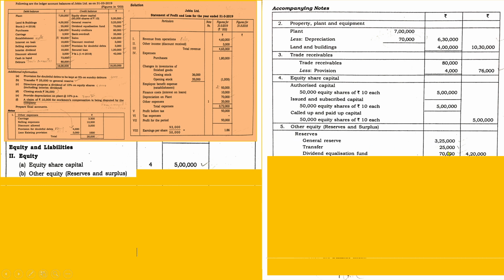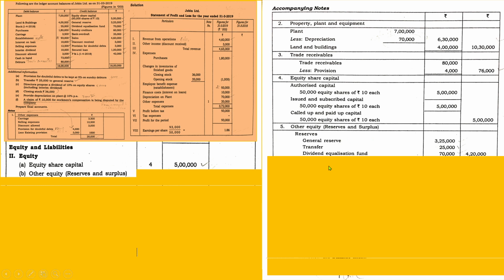So this is how you have to prepare the statement of financial position as well as profit and loss. Go through each individual item, whether it is to be included in the statement or not. You have to go through the debit side as well as the credit side. Make sure all the items have been included in the statements. So we have completed the reserve side.